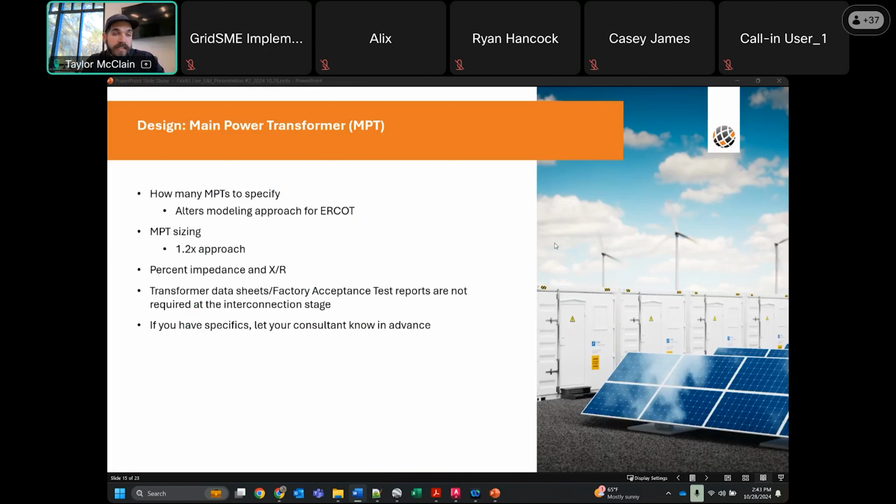So the next thing to discuss is the main power transformer. The main thing is how many main power transformers do you want to specify? If you have a 500 megawatt project, you can go ahead and specify a single main power transformer for that. That is possible. But what we're seeing is that procurement of some of these larger transformers can be a little bit more difficult.